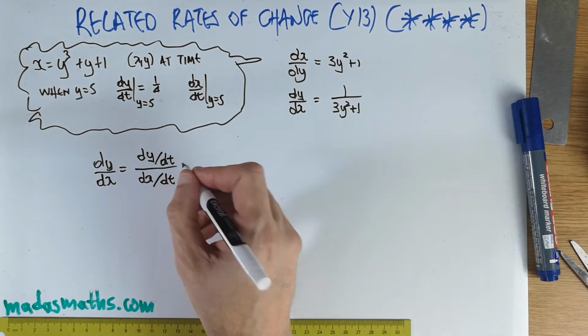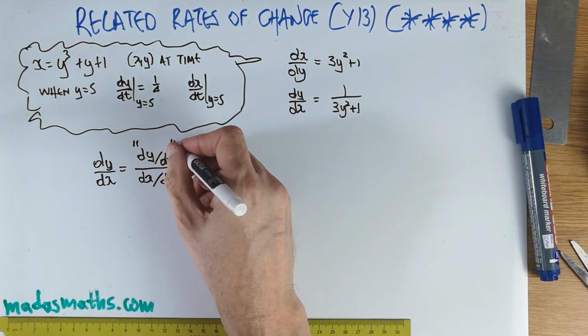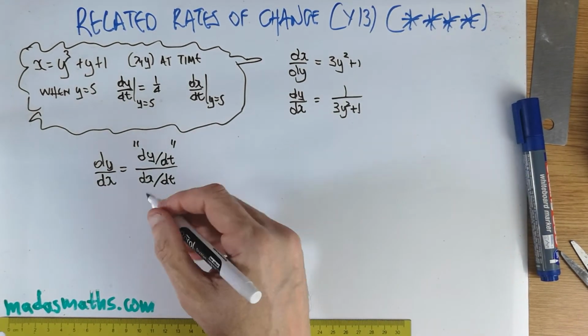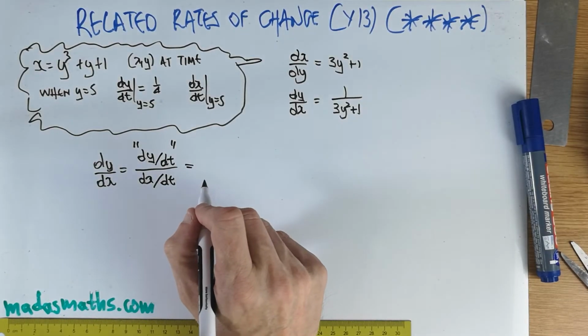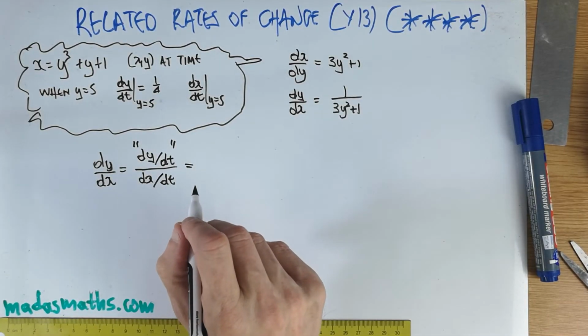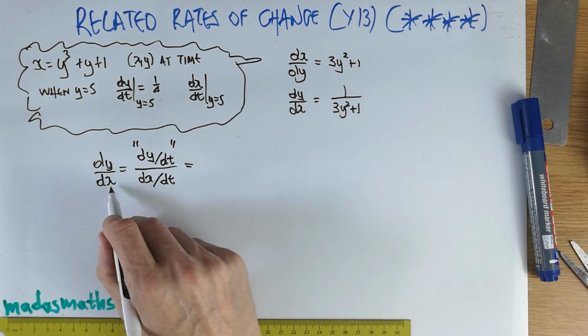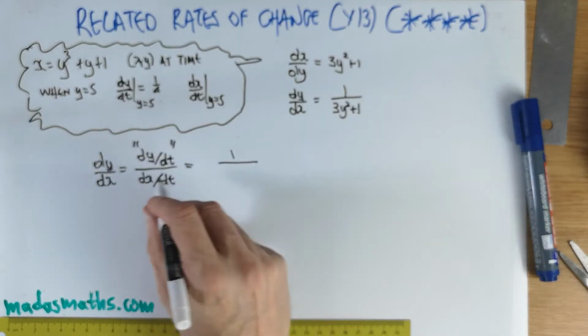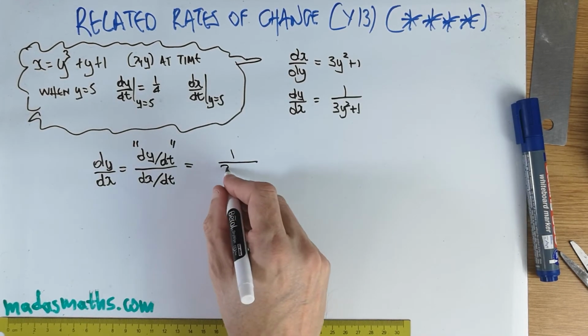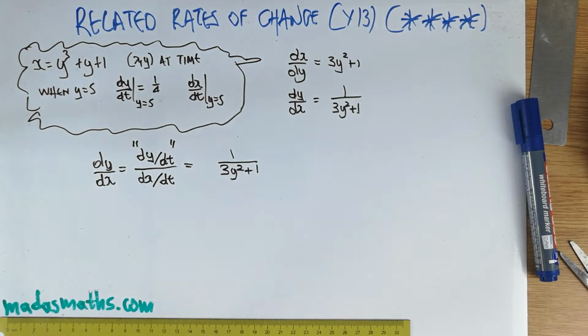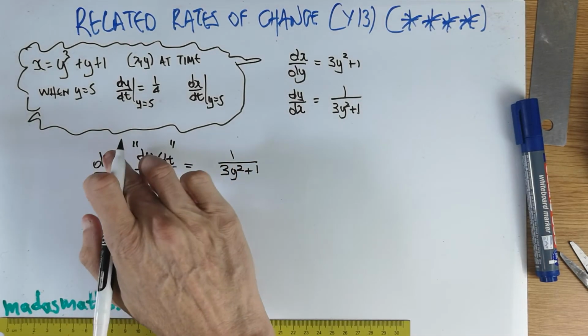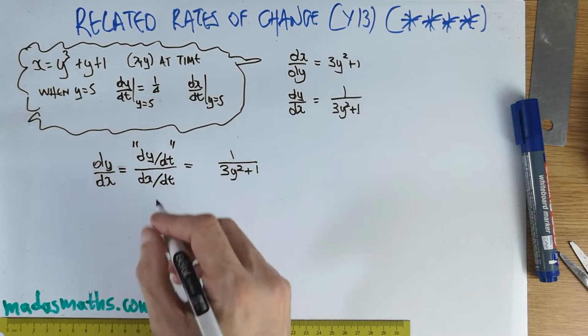Divide top and bottom of this fraction, in speech marks. It's not really a fraction, but in the limiting case you can't really split it. Let's see what we get for this particular quantity. Well, that is dy by dx, so it's 1 over 3y squared plus 1. Okay, so we can still leave it in there, it doesn't really matter.